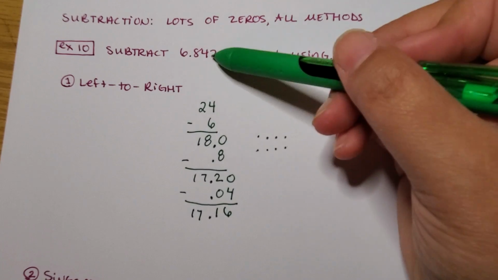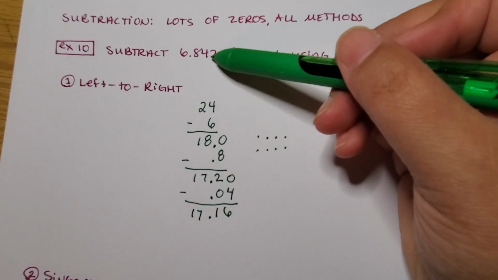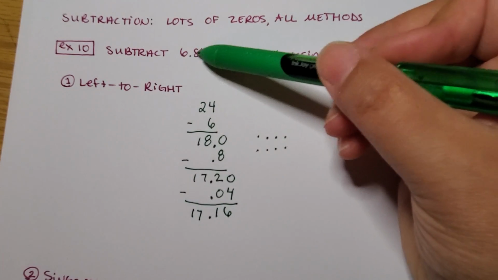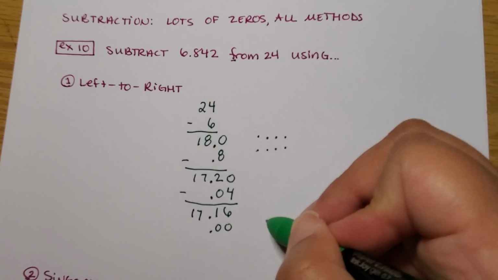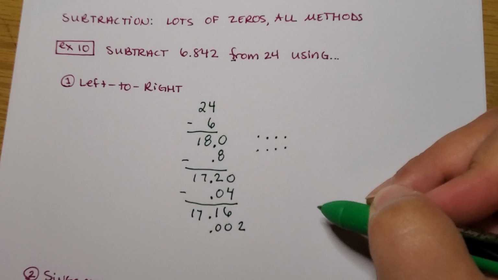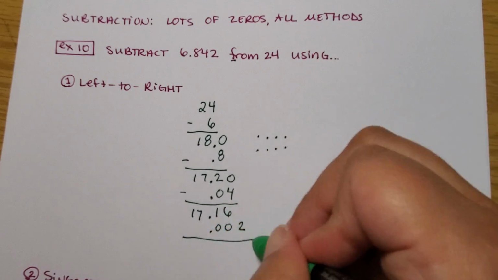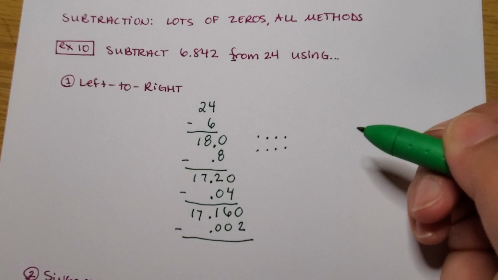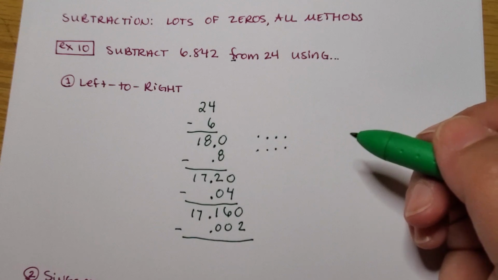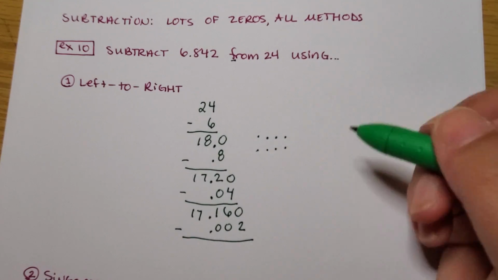And then to finish, we had 2 thousandths. So again, there are 2 digits before that 2. So I'm going to have to put 2 zeros there to make sure the 2 is in the thousandths place. And now I have to add a placeholder 0 here. Okay, so let's subtract.